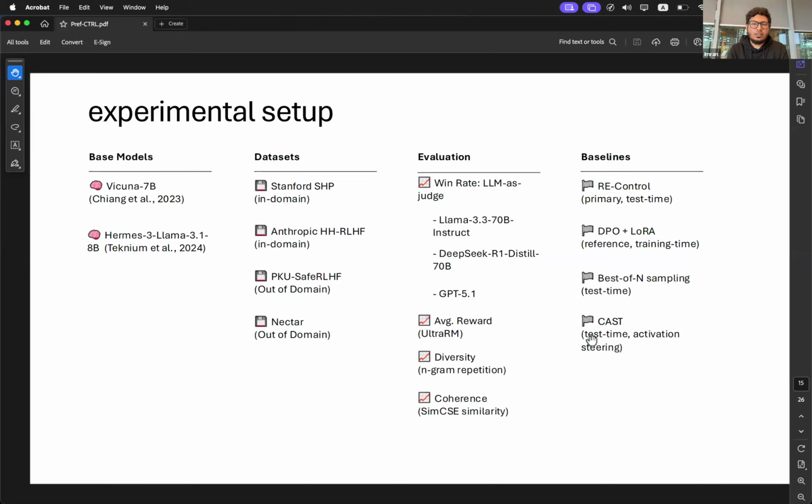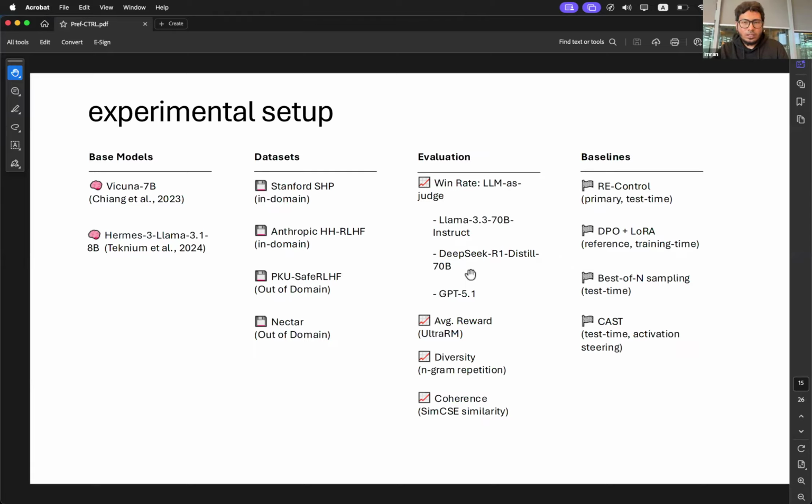The win rate and LLM as a judge has been very popular in many recent papers for evaluating the answers from an LLM. Basically, there's a structured prompt with two responses. For example, for DeepSeek, one is the preferred answer to the prompt, and the other is the answer from the model being tested.